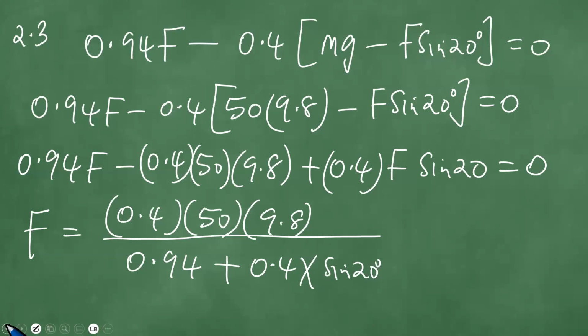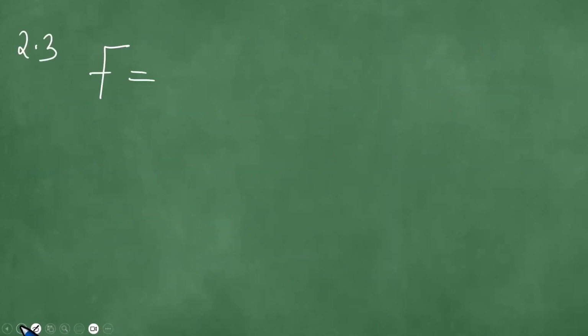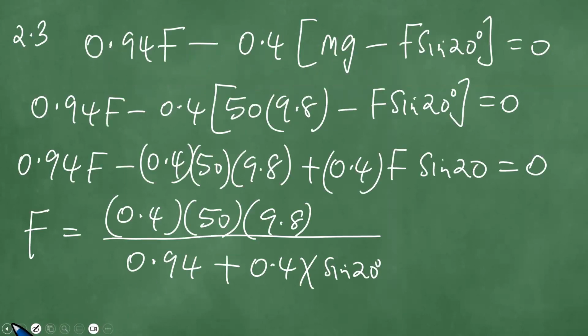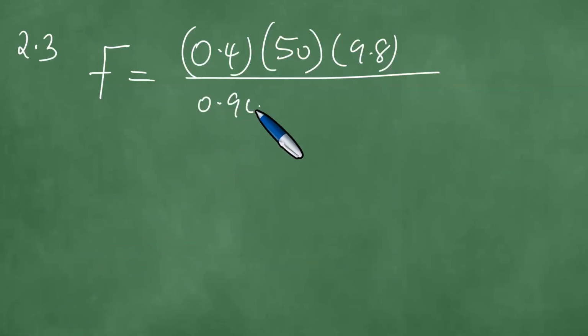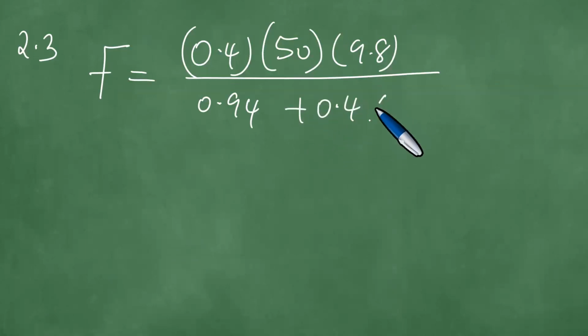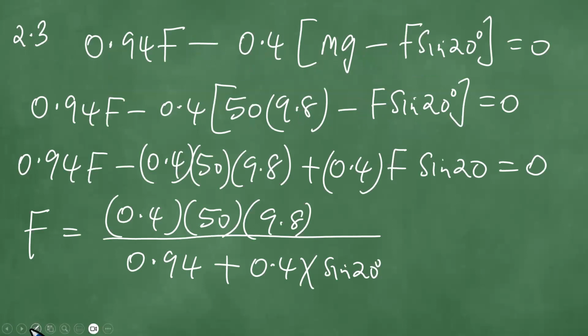Which means 2.3. Okay, which is 0.4 times 50, and then 9.8. Okay, divide by 0.94 plus 0.4 sine 20.